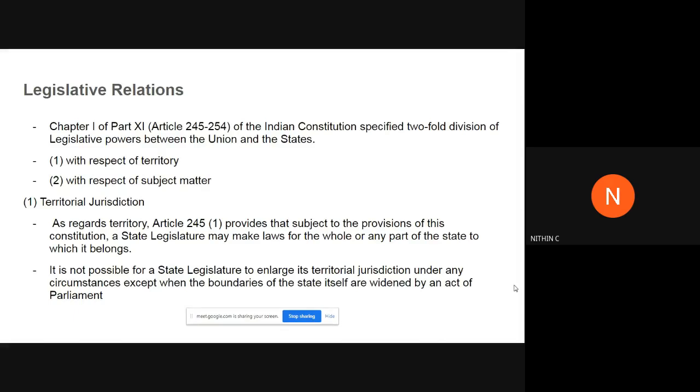So chapter 1 of part 11, article 245 to 54 of the Indian Constitution specified twofold division of legislative powers between the union and states. That is, one is with respect to territory and the other with respect of subject matter.